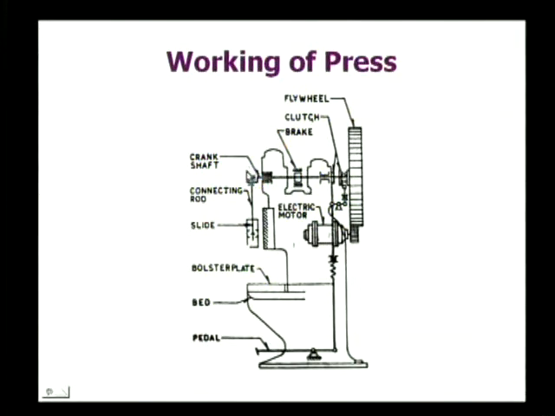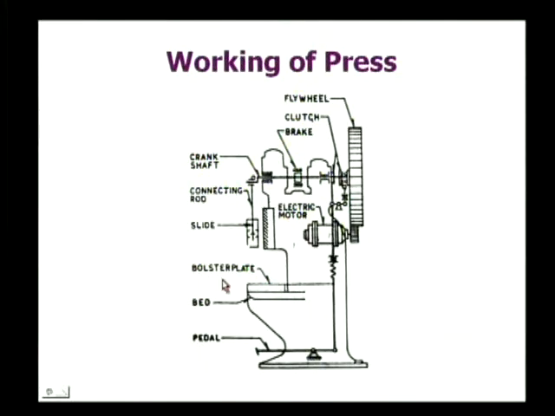Here you can observe that this is the crankshaft, this is the connecting rod and this is the slide. This is also called the ram. The flywheel continuously rotates, and the rotary motion is converted into reciprocating motion of the slide, and the up and down motion of the slide is utilized in giving the required pressure for changing the shape and size of the component.